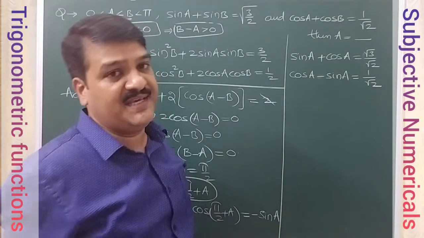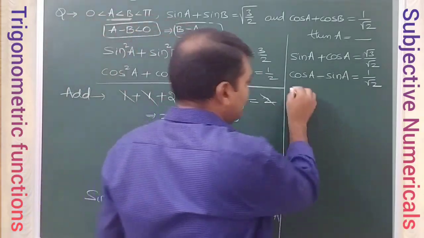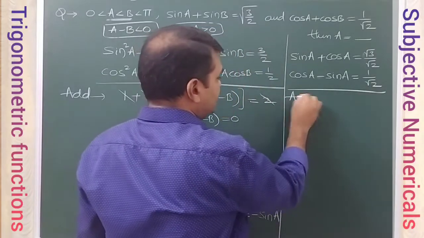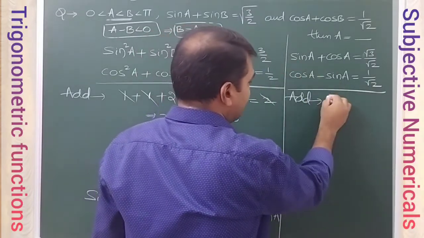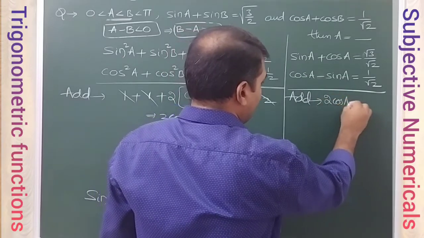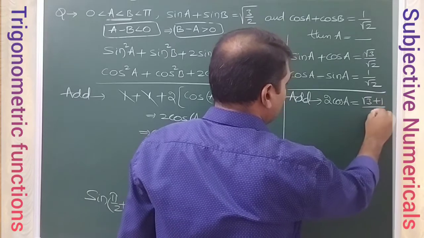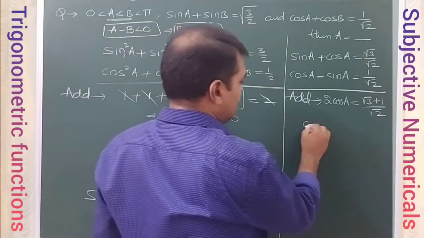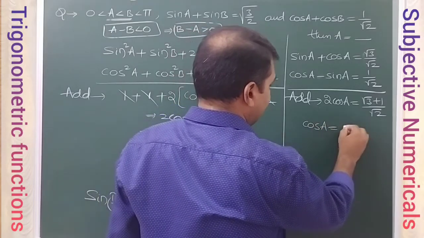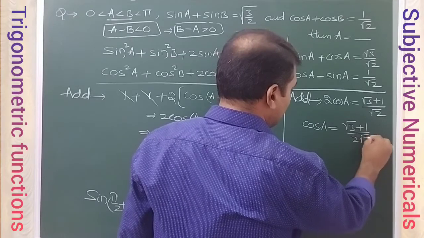You need angle A. Therefore, just add these two. Adding, what do we get? Sin A minus sin A cancel. 2 cos A is equal to root 3 plus 1 by root 2. So cos A is equal to root 3 plus 1 by 2 root 2.